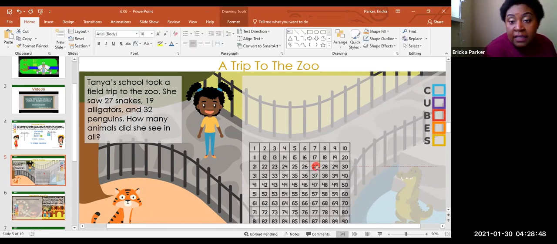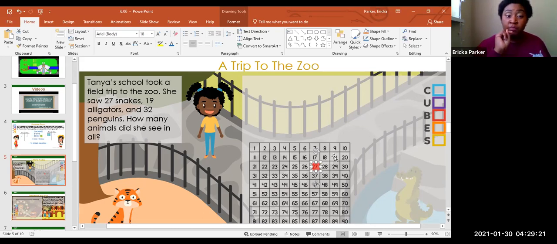So we're going to start at 27. When you start at 27, you want to look at our next number because this is what kind of problem? An addition problem. So we start at 27 and we go to our next number, which is 19. The first thing that we need to do is look at our tens and our what? Ones. Thank you.